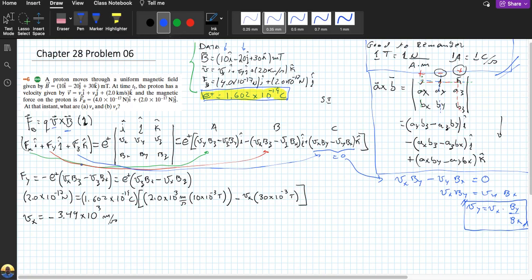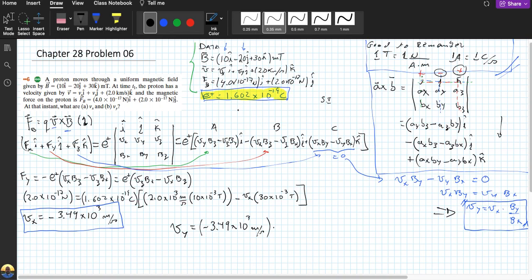Now we got Vx, right? Now what should we do? Well, if we got Vx, now we can apply it straightforwardly into this equation here. We can just plug in the numbers, and guess what, guys? We have Vy equals to Vx, so we have the number, minus 3.49 times 10^3 meters per second, okay? Times what?